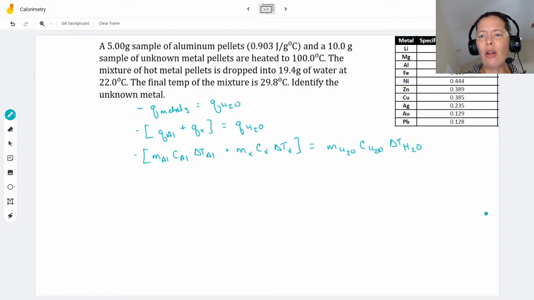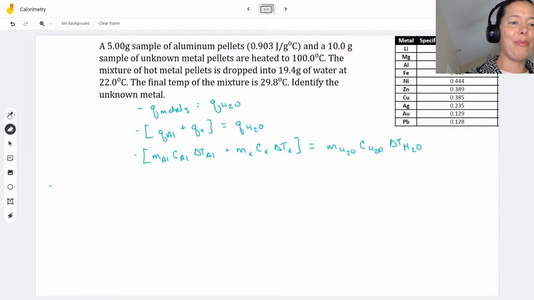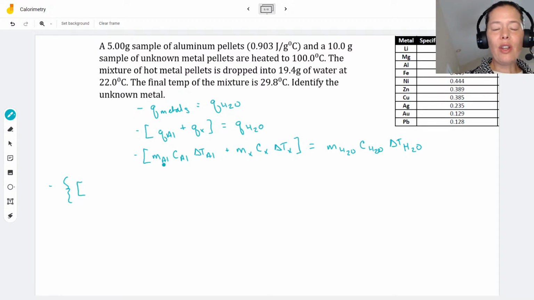Okay, I think we're ready to put some numbers in. I am going to have a lot of parentheses here. I think I'm going to switch this outside one. That's a terrible bracket. Two brackets. Okay, that's passable. All right, so the mass of our aluminum is 5 grams.